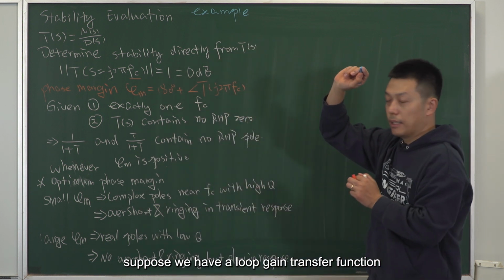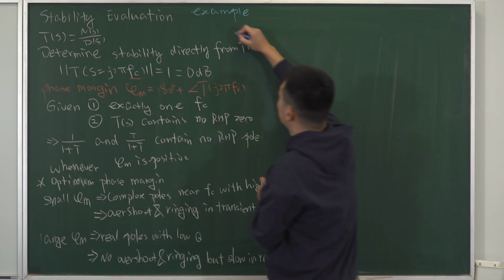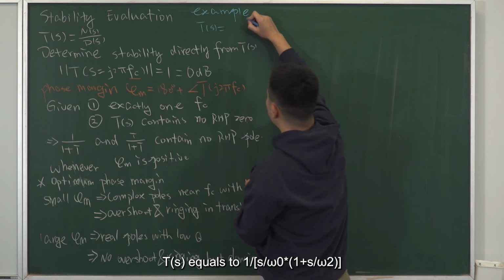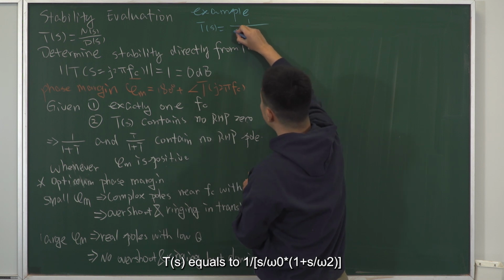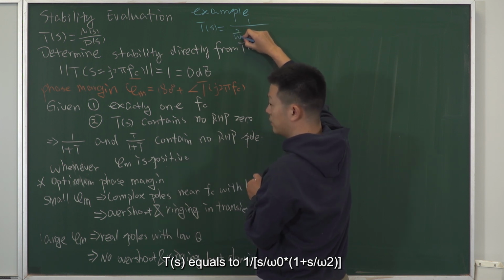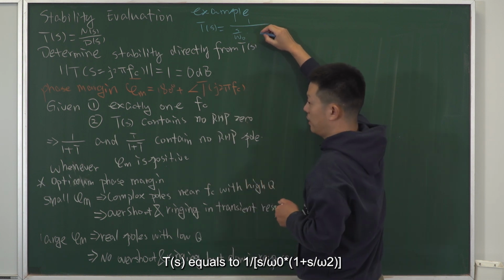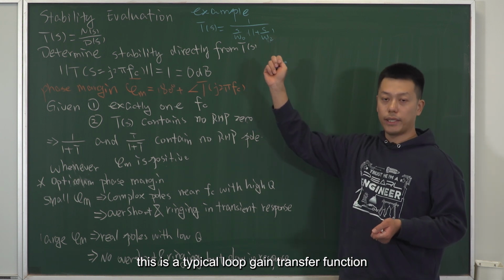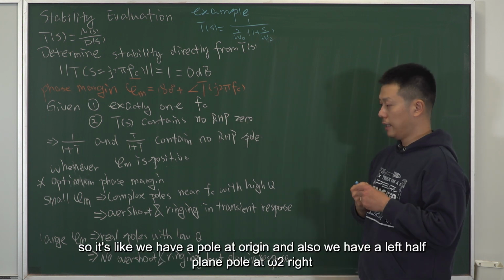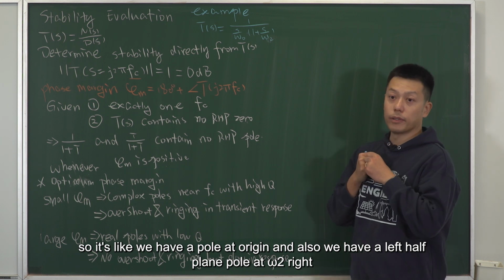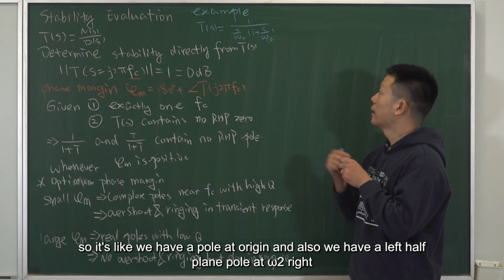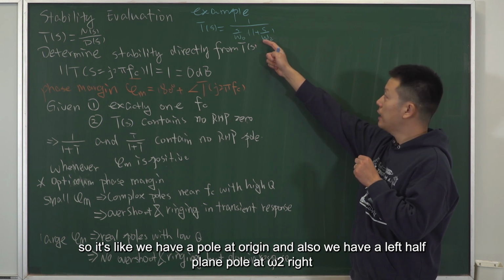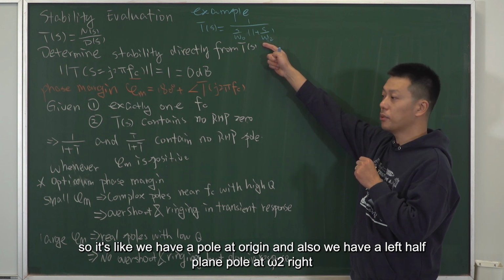Suppose we have a loop gain transfer function, T(s), equal to 1 over (s over omega 0) times (1 plus s over omega 2). This is a typical loop gain transfer function. We have a pole at the origin, and also a left half plane pole at omega 2.